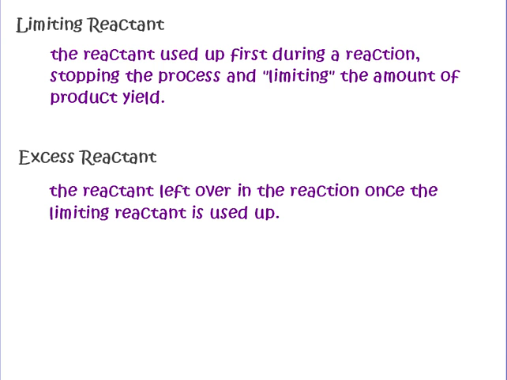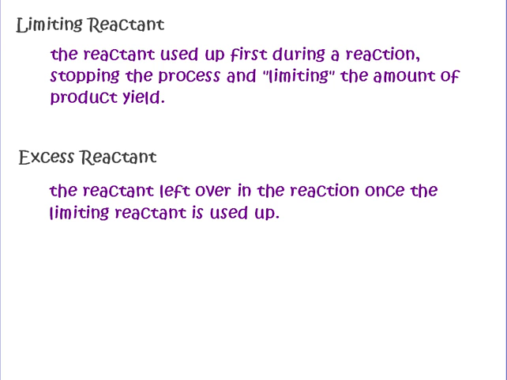So let's talk about what this new word means here. Limiting reactant. That's the reactant, or sometimes known as a reagent, the things that you start with in a chemical reaction. And those substances that you start with get used up during the chemical reaction.